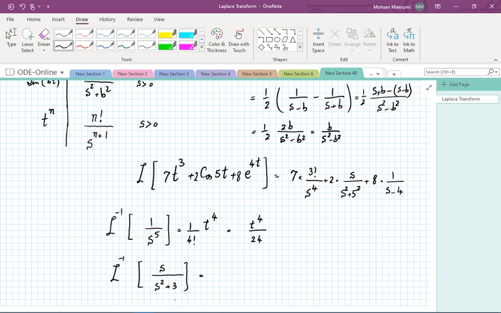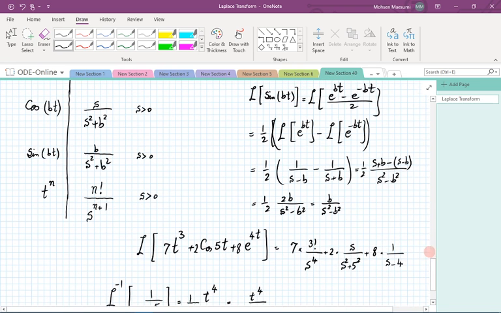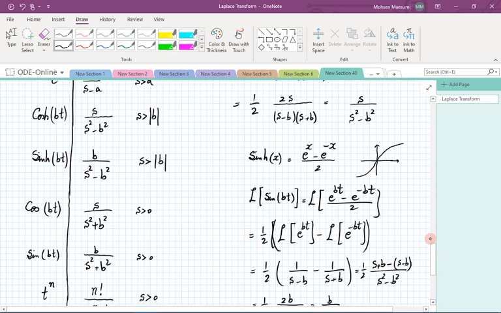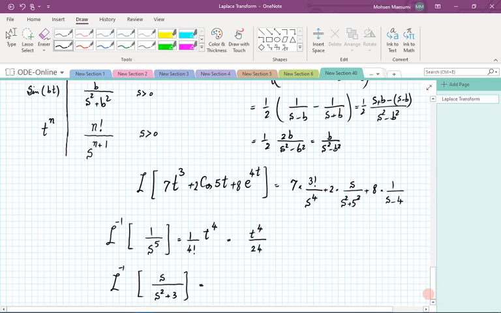So the way these things are going to be done is by looking at the table and saying which one is a match to it, or taking your function and breaking it up into pieces until the pieces do match your table. So if I have 3 here, 3 is taking the place of b squared. If b squared is 3, then b has to be square root of 3. So my answer turns out to be cosine of square root of 3 times t.